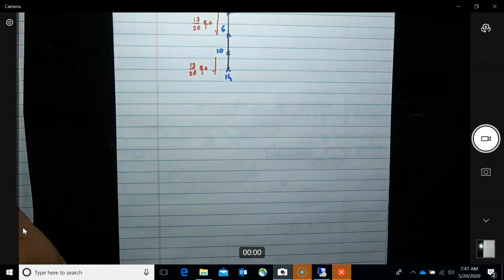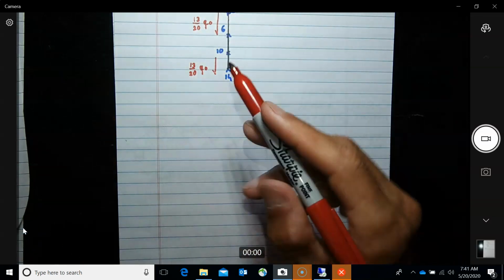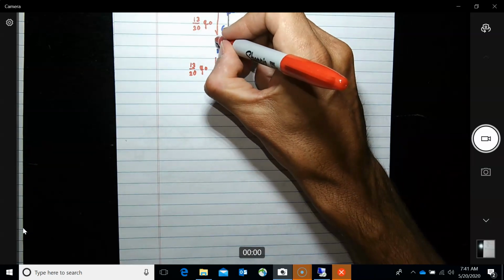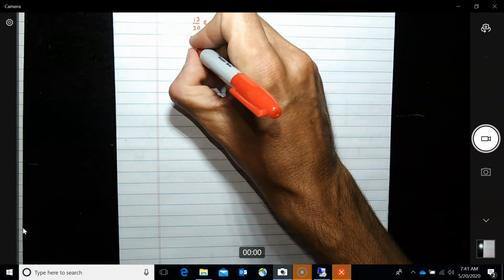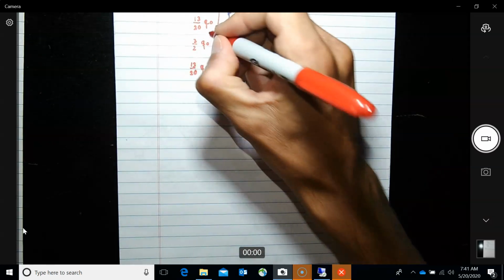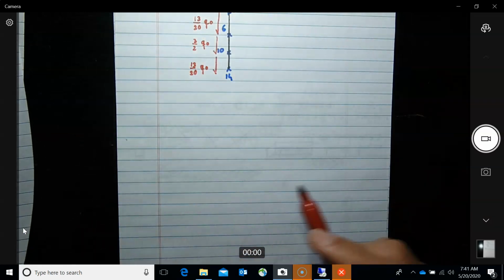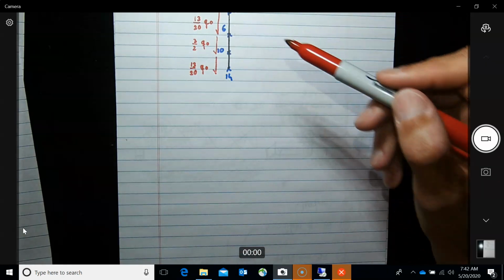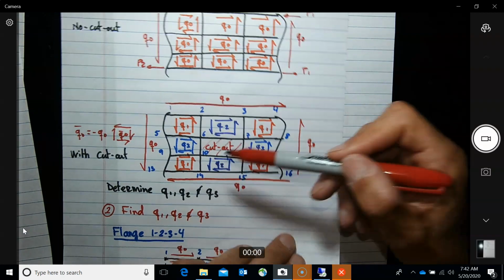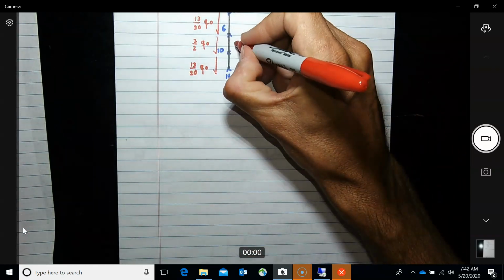Then we have on that side, Q sub 3 going up, so it's going to go down. Q sub 3 is equal to 3.5 Q sub naught. Now on this side, we're going to have Q2 that is going down, so it should be going up. So this will be 0.